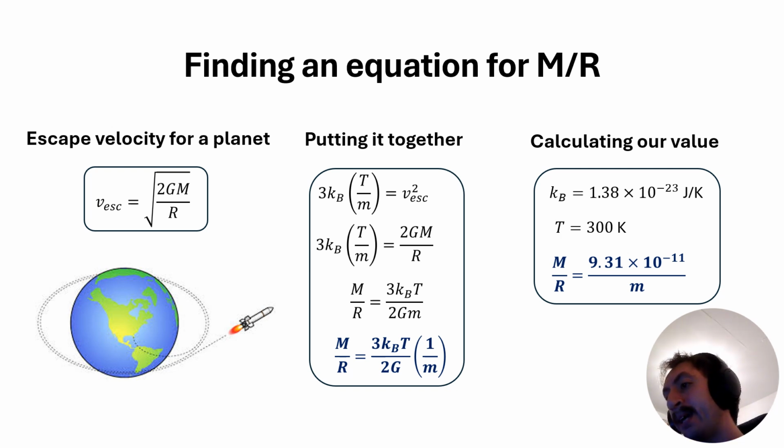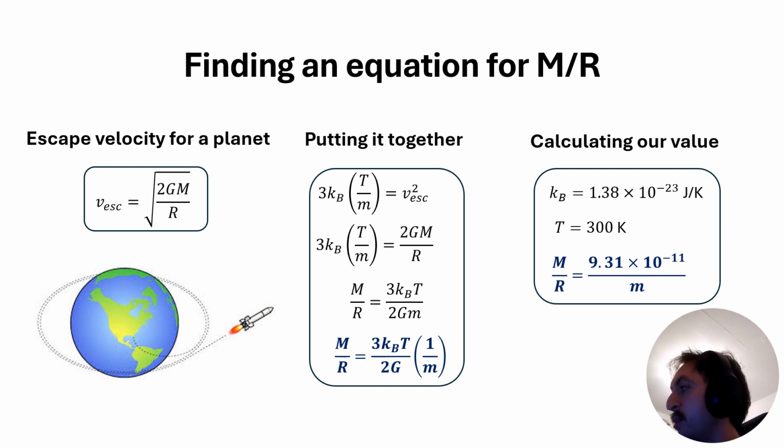Now, if we want values for ranges of our ratio, so a maximum and minimum value for capital M over capital R, we need some way of having a maximum and minimum value for small m, but we can get that by considering what kind of gases we would like our planet to hold on to. So we can breathe, or at least breathe in the necessary chemicals to respire, and therefore survive.